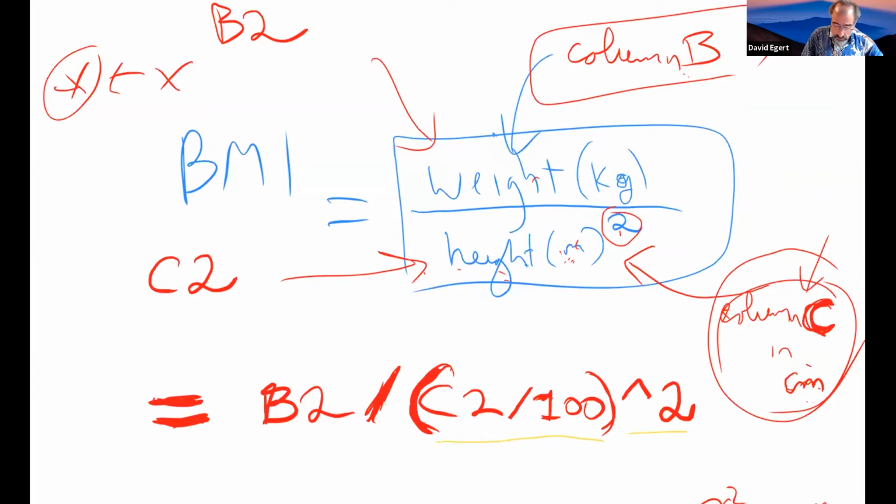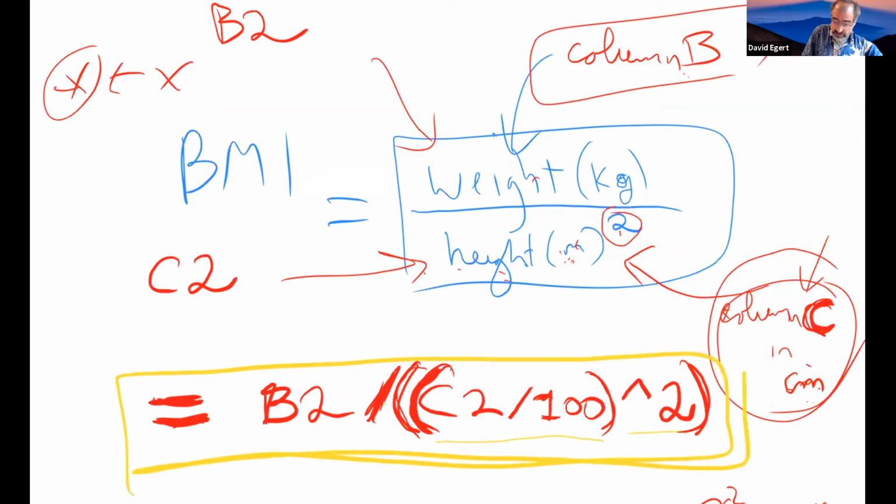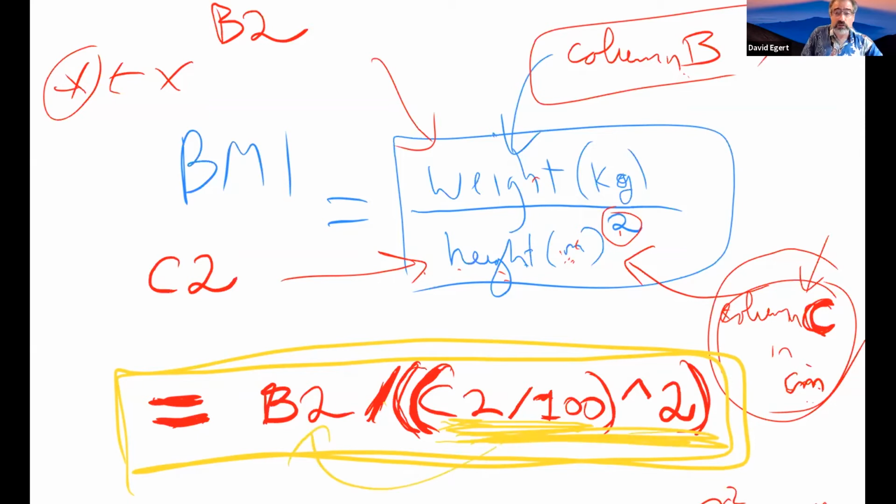If you wanted to, you could also put this in parentheses. It's superfluous, but it makes it a little clearer that that whole thing there is in the denominator. But this is my equation. This is the equation that is going to give me the BMI. It's going to take the height in centimeters, turn it into meters, square it, and then divide it into the weight. So are there any questions just about this formula here?